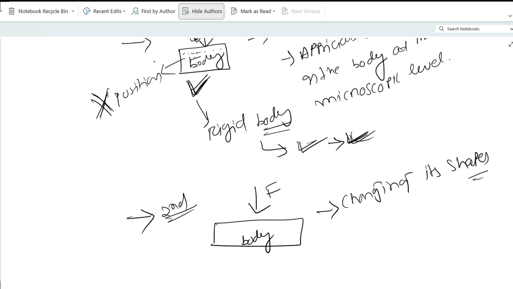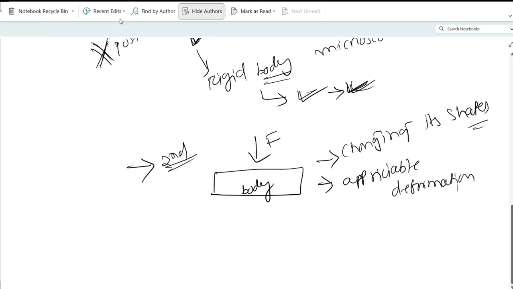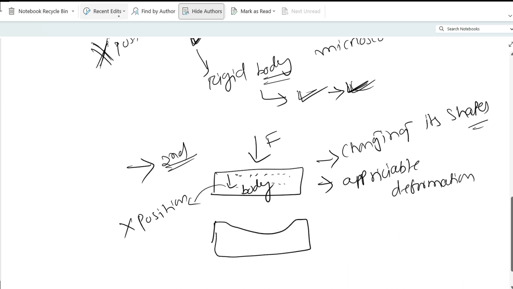That means we are observing some appreciable deformation on this body. That means the particles present inside the body are changing their position, as well as the body changing its shape also. Upon the application of forces, the body changes its shape.